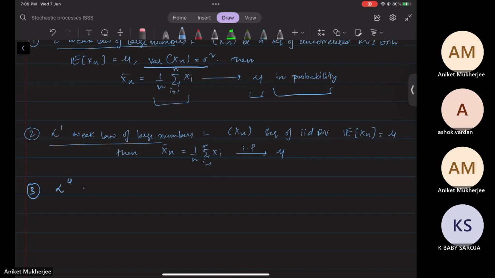Then we have the L4 strong law of large numbers.